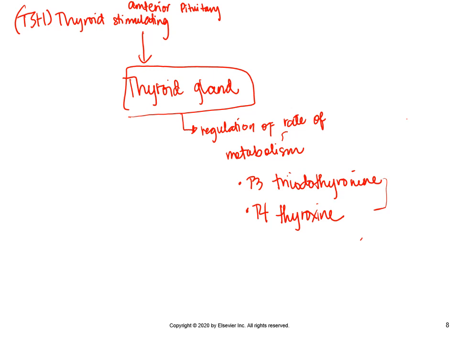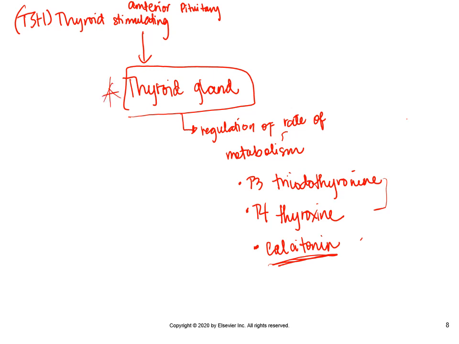Another function of the thyroid is the regulation of calcitonin. Now, what is calcitonin? It's very important for us to remember this hormone that is being regulated by our thyroid gland.